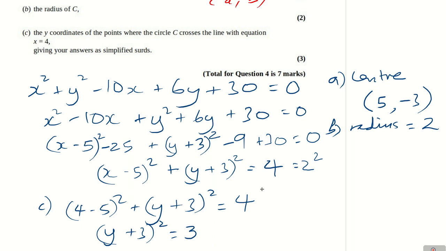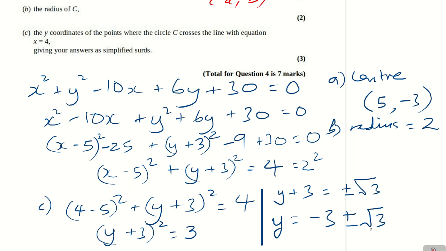Now if I square root both sides, we get y plus 3 equals plus or minus the square root of 3, which means our two possible y coordinates are going to be minus 3 plus or minus root 3. And there we have it. Those are our two y coordinates at the point where the line with equation x equals 4 crosses the circle.